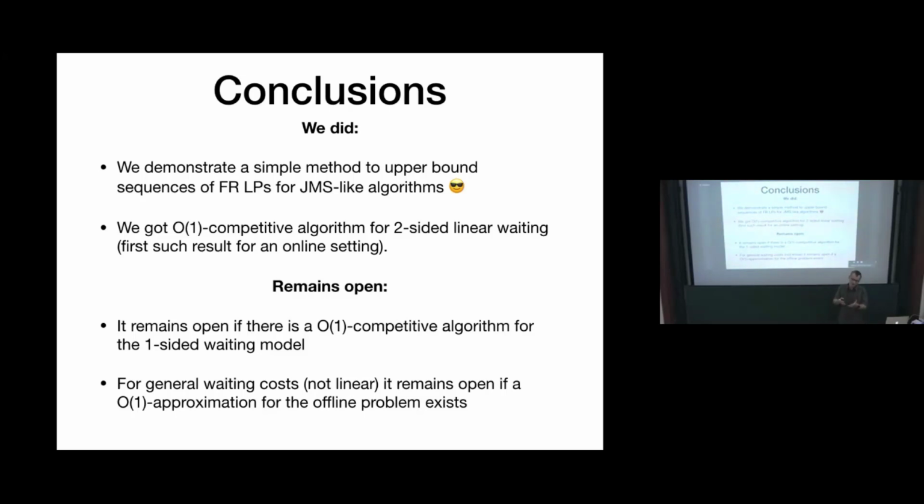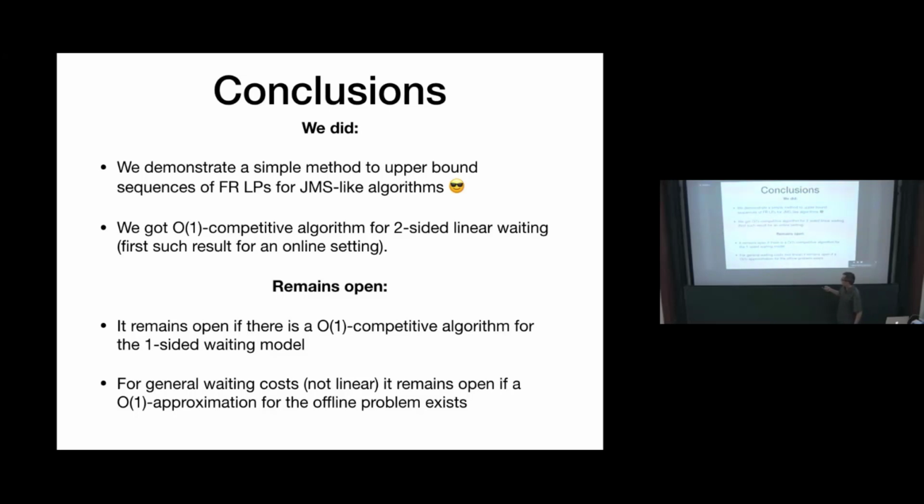You may find this two-sided model somewhat artificial, but it's the first example of this type of problem where you get a constant. All previous online algorithms in general metrics with delay had logarithmic competitive ratio, so it is some step forward.